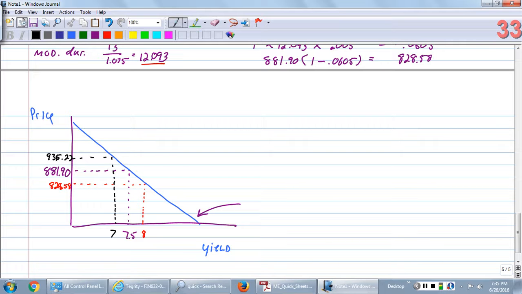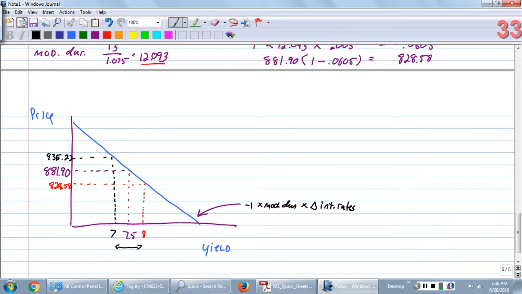So modified duration, our -1 times modified duration times the change in interest rates, pretty effective, huh? It shows us the inverse relationship between price and yield. When interest rates went up, value went down. When interest rates went down, value went up.